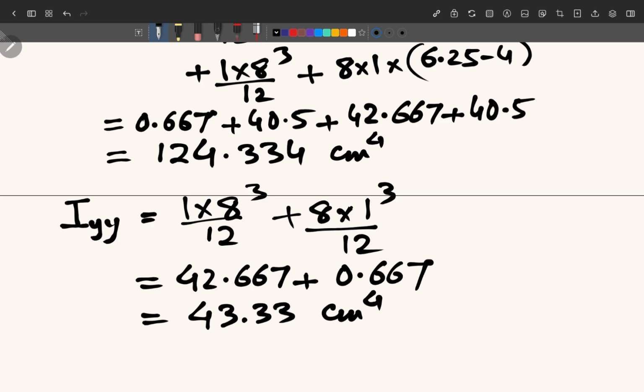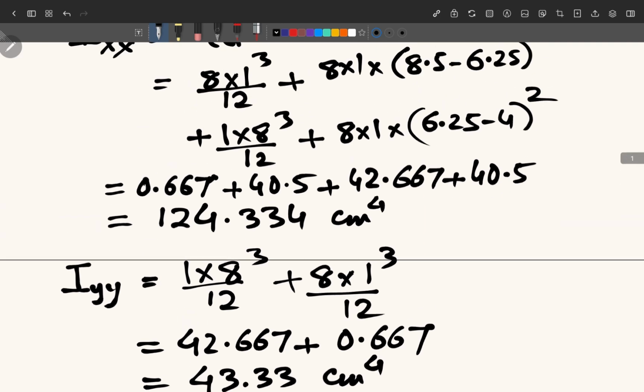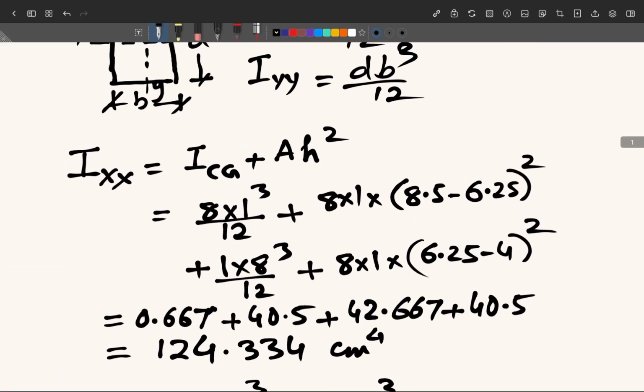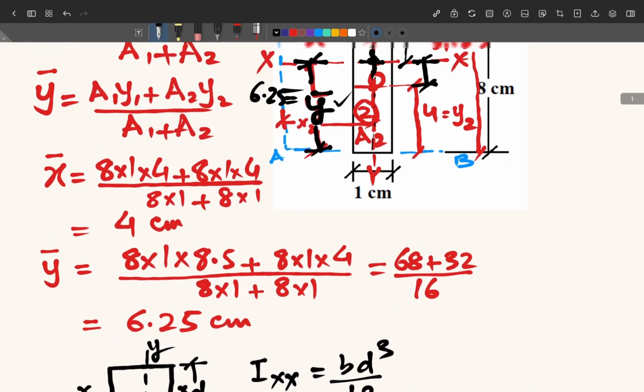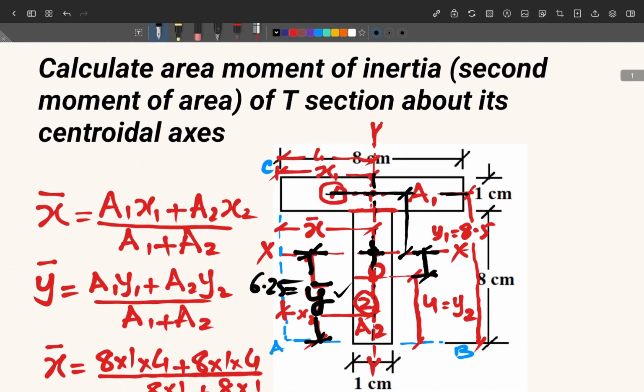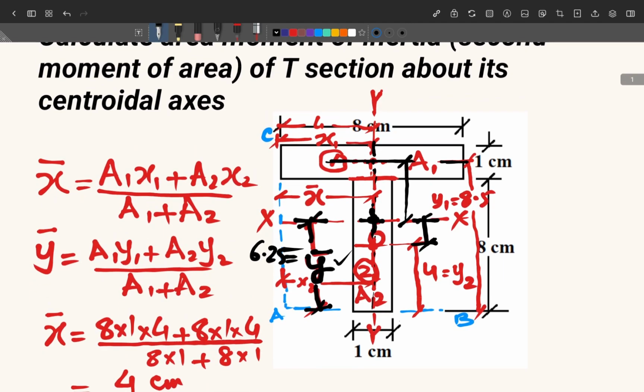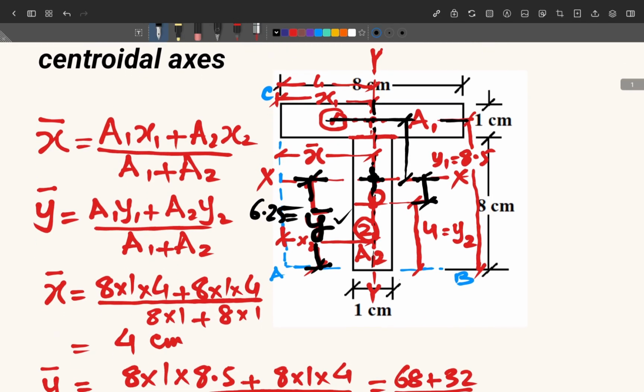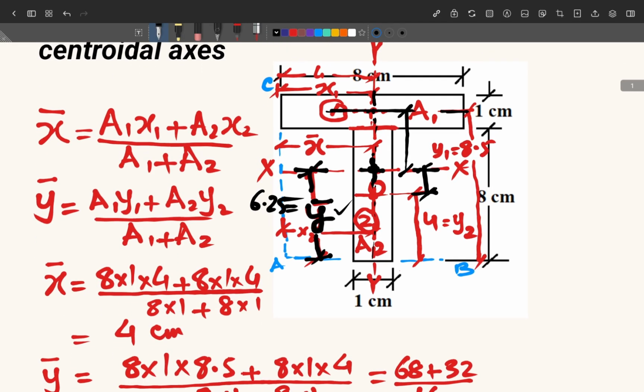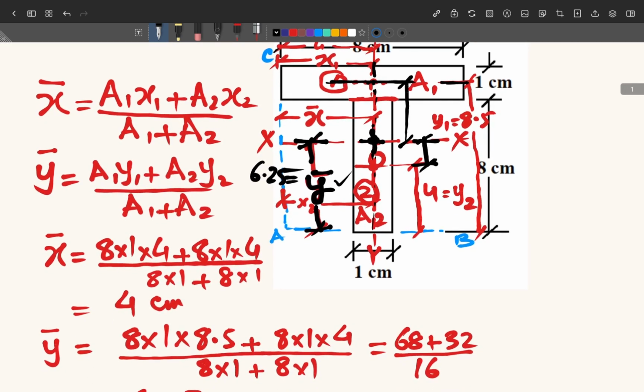So now you have seen that we have calculated the moment of inertia, which is known as area moment of inertia or second moment of area, for the T section. We will be solving some other questions of such cases, but the first thing to keep in mind is that first we have to locate the centroid of the section by using this formula: X bar is equal to a1 x1 plus a2 x2 divided by a1 plus a2.